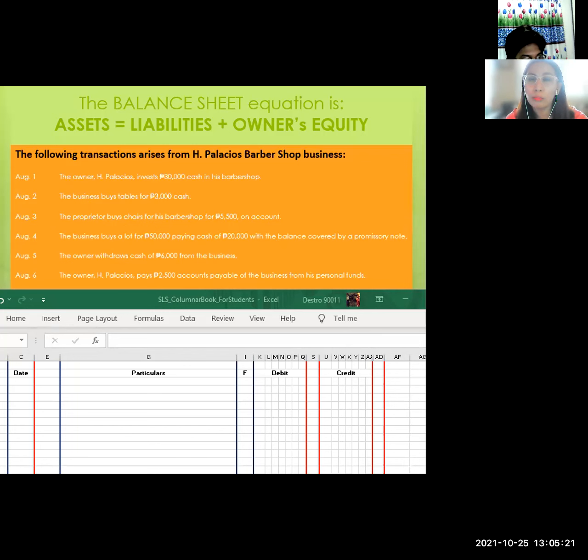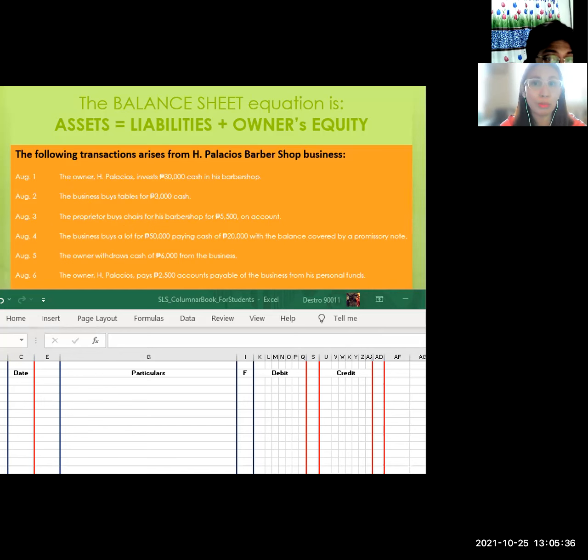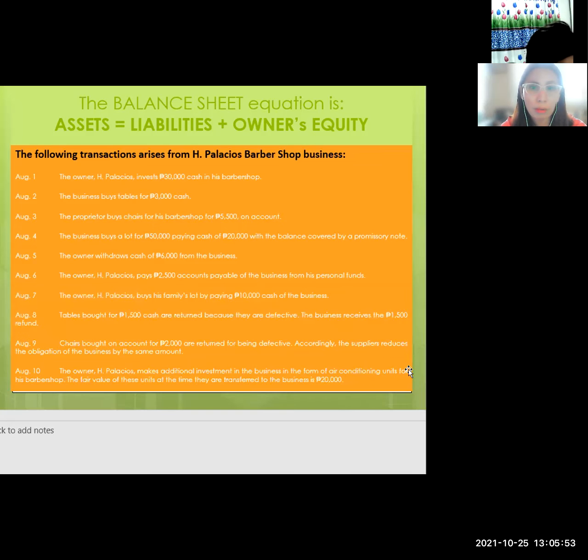So we identify the effects it produces, depending on the transaction. So where did we end last time?